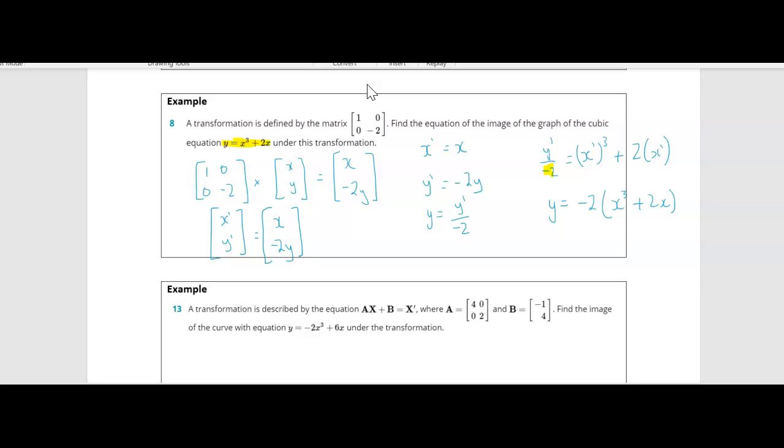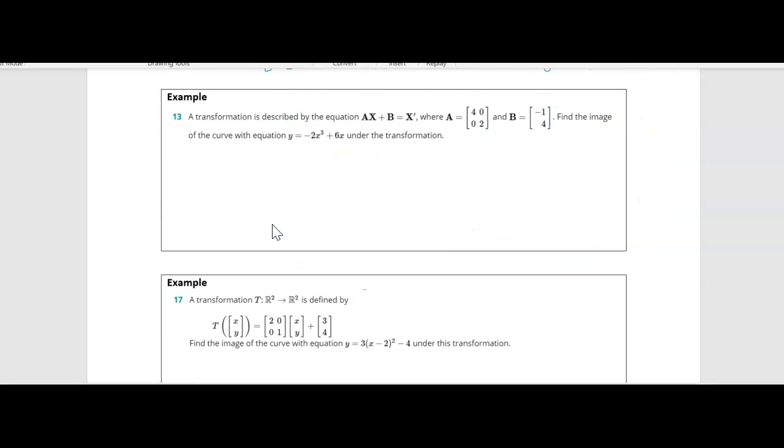And sometimes expanding, you're more prone to make errors, especially with negatives. But if I did, this one's not a hard one to expand, so we can do it anyway. So -2x cubed minus 4x. But with that negative there, sometimes people make mistakes. All right, so you can see it's very similar to what we've been doing before. With the mapping, we've just been writing it in matrix form.